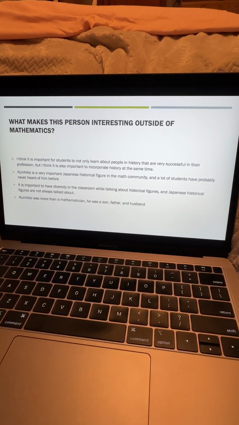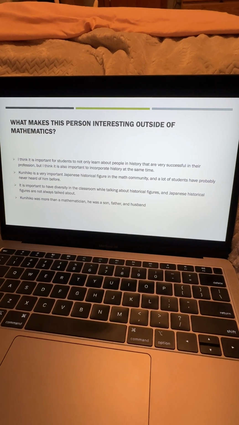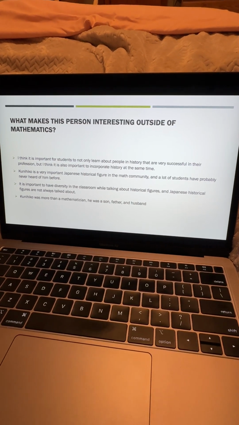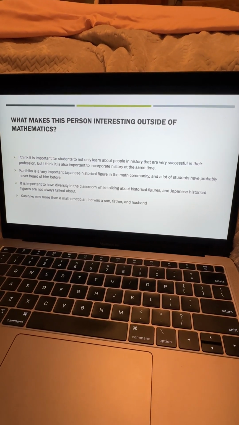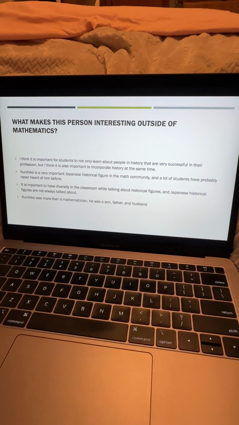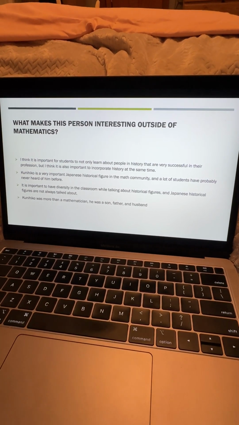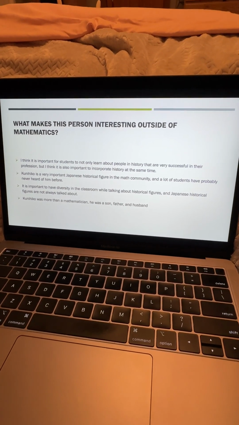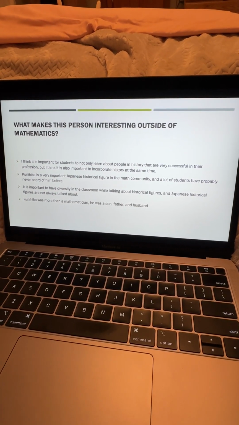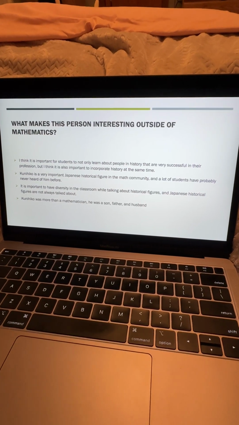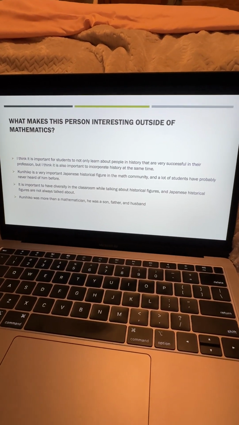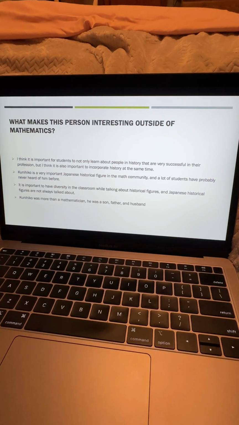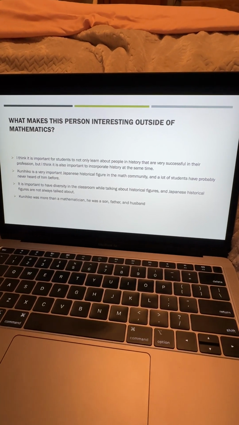It is also important to have diversity in the classroom while talking about historical figures, and Japanese historical figures are not always talked about. I've learned in a lot of my education classes that they focus on diversity in the classroom a lot, because some teachers just don't pay as much attention as they should to what kind of figures they're bringing into their classroom and teaching their students about.